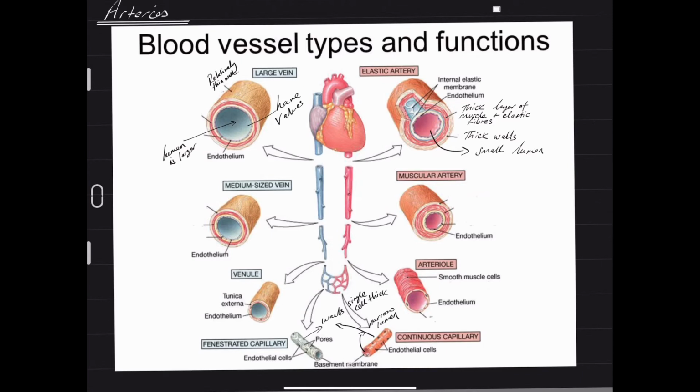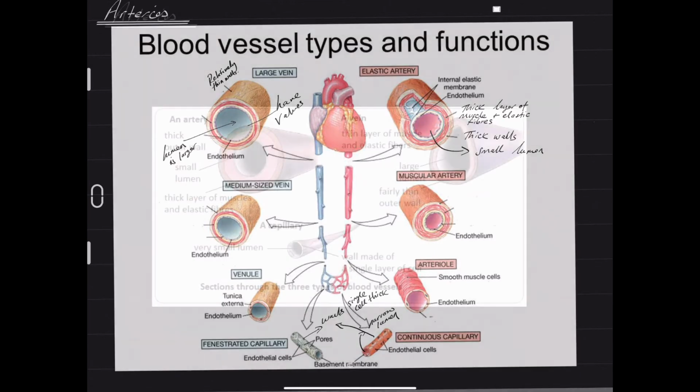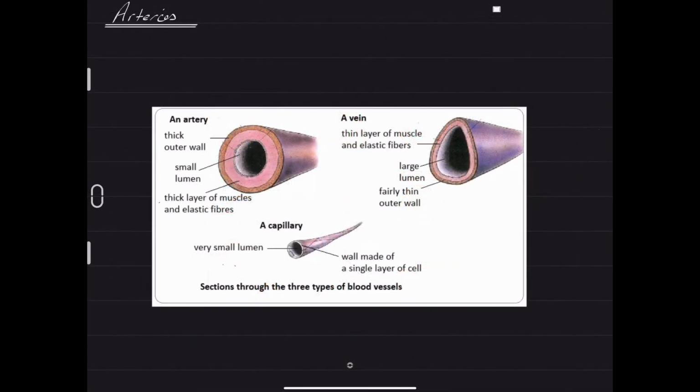If you're not seeing it from this diagram, I'm going to show you another diagram here, which is showing you a quick comparison between an artery, vein and a capillary. These are cross sections through each of the types of blood vessels. If you want to take down a diagram of a quick representation of arteries, veins and capillaries, can you take this down and ensure that you label it correctly?